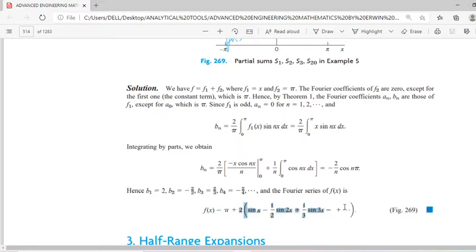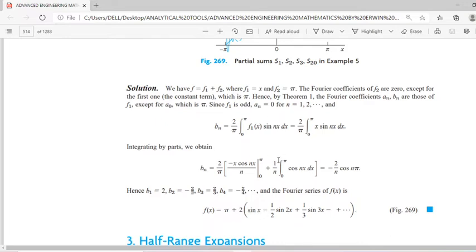Then f1 of x is nothing but this one, the sine series with coefficients bn, so the result will be like this.